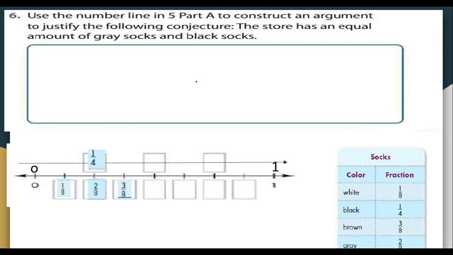Okay, so now we need to go ahead and fill in our chart again.